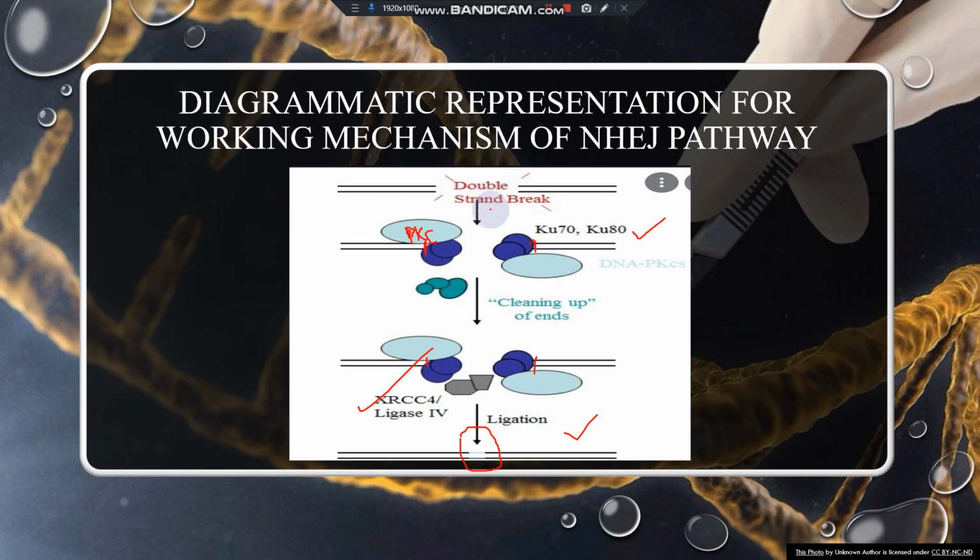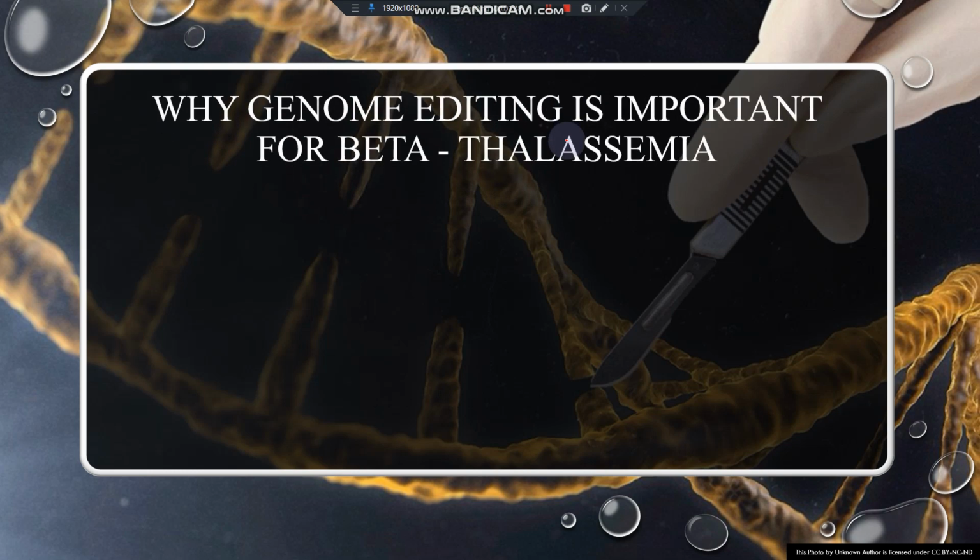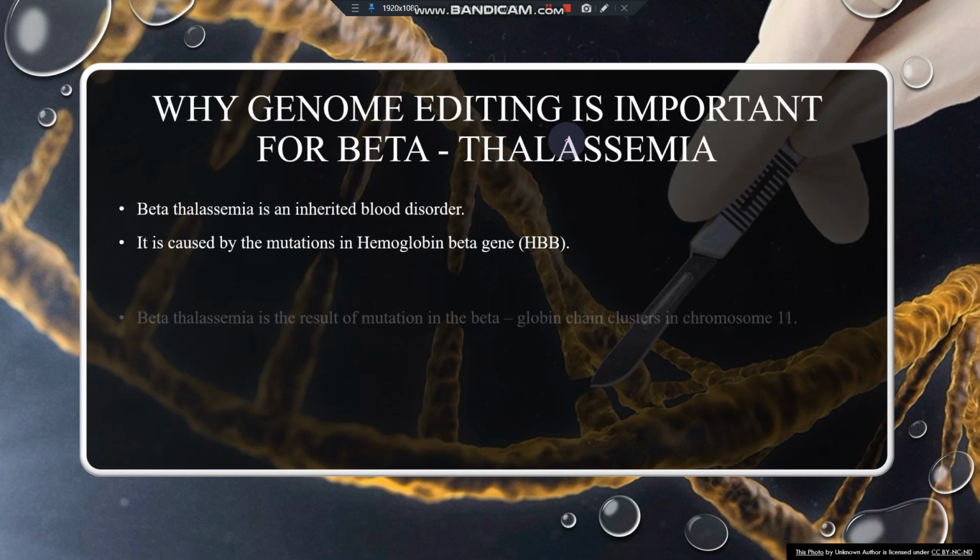That's why we use this mechanism to join the double-strand break and get an intact DNA in the end. It is not a natural mechanism, and that's why it is known as an error-prone mechanism.